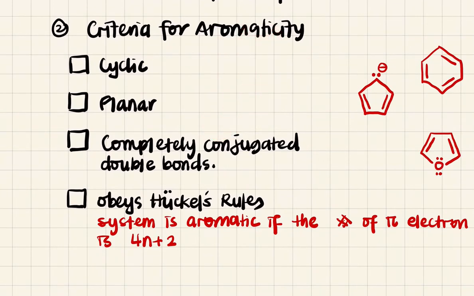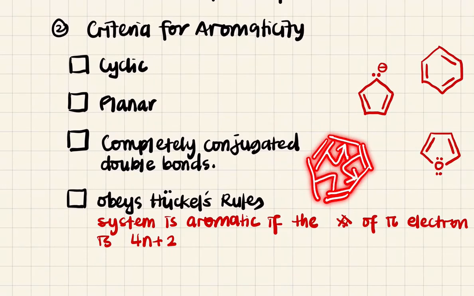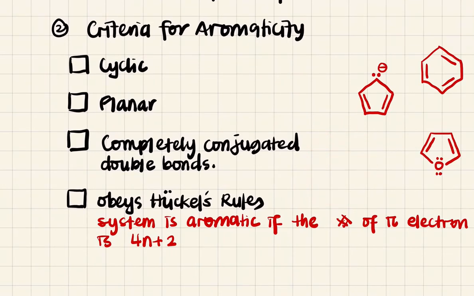And it has completely conjugated double bonds, maksudnya dia ada double bond, single bond, double bond, single bond, double bond, single bond. Because of this, dia boleh have delocalization of your pi electrons. Maksudnya pi electron boleh travel around the ring. And it must also obey Huckel's rule.